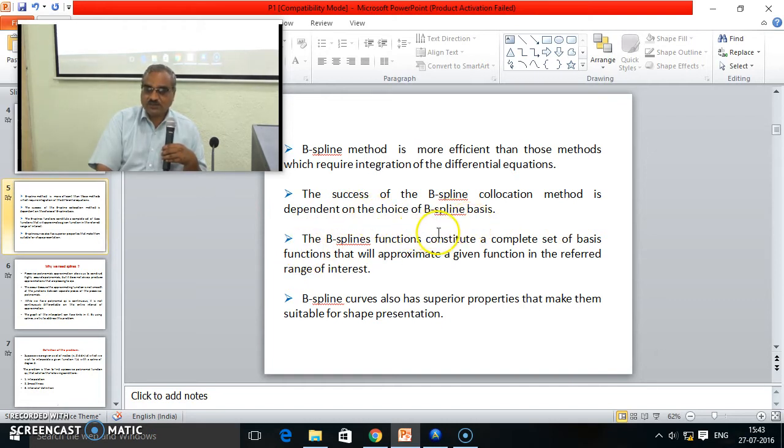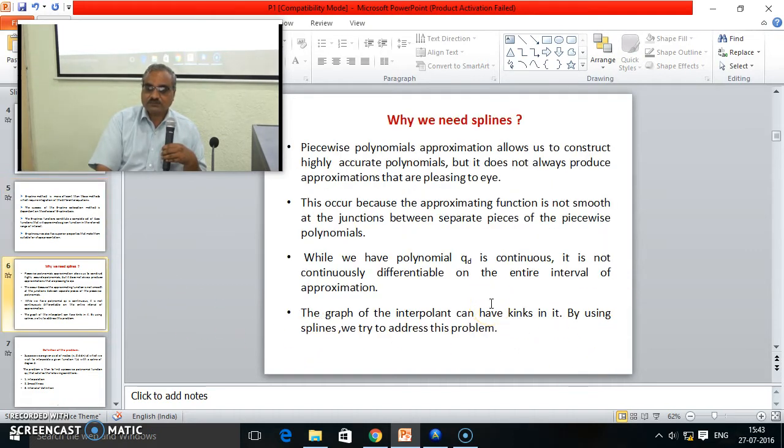The B-spline functions constitute a complete set of basis functions that will approximate a given function in the range of interest. B-spline curves also have superior properties that make them suitable for shape presentation.